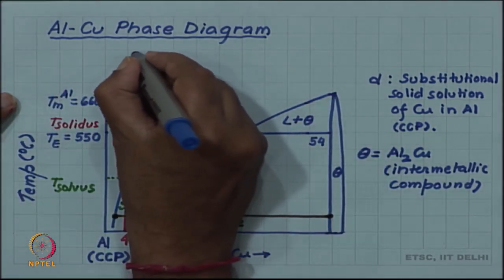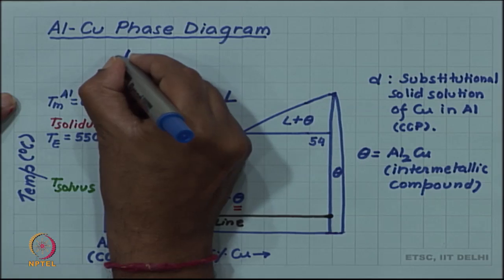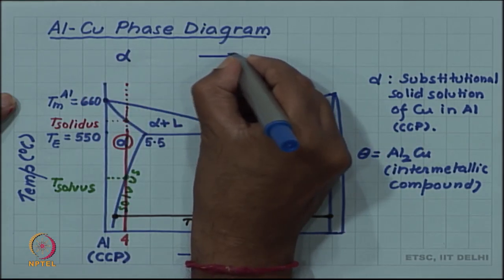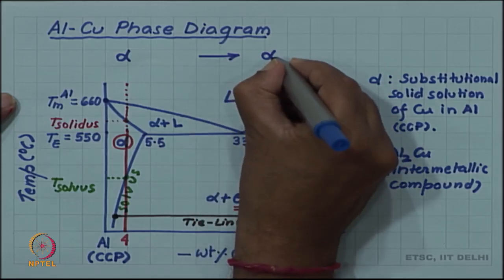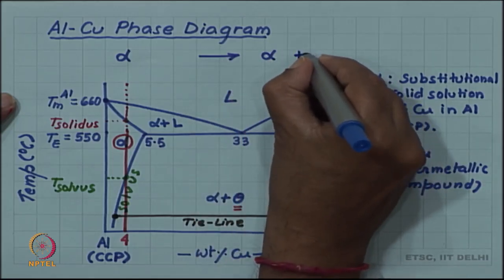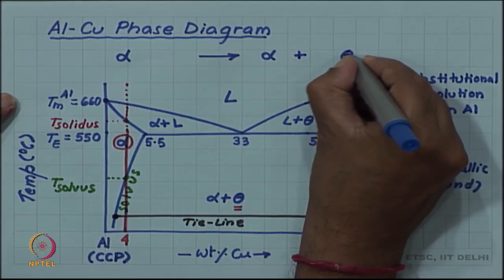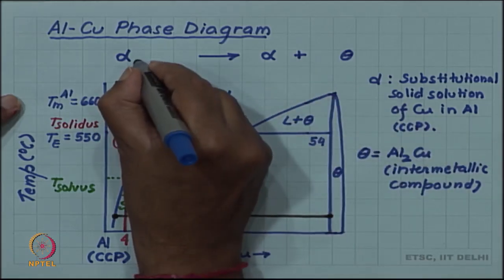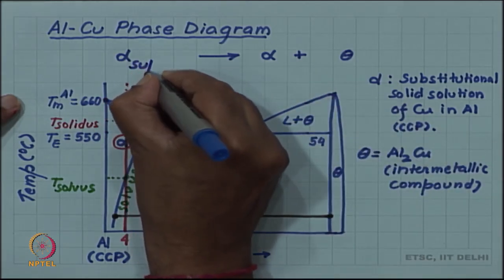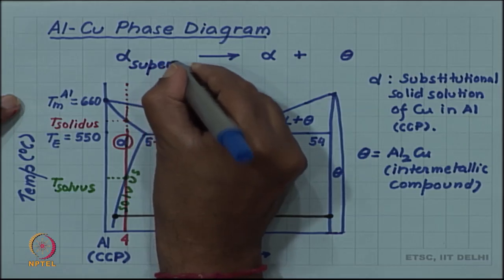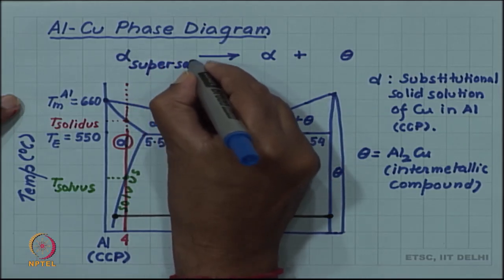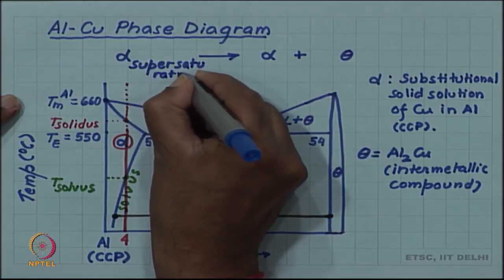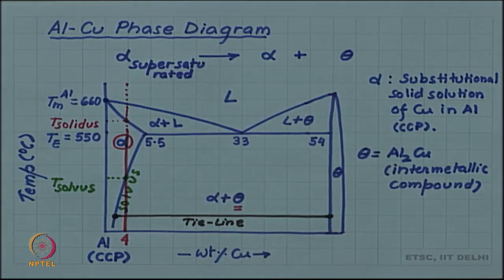So, let me write that: alpha undergoes a transformation to alpha plus theta. This alpha we will call a supersaturated alpha. Why?